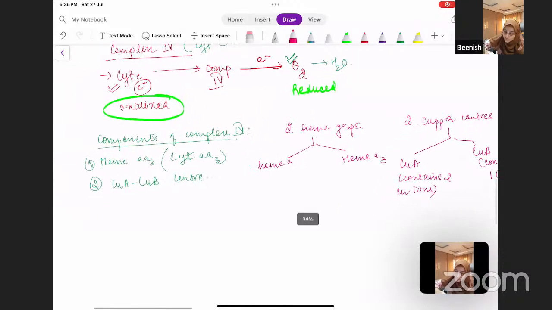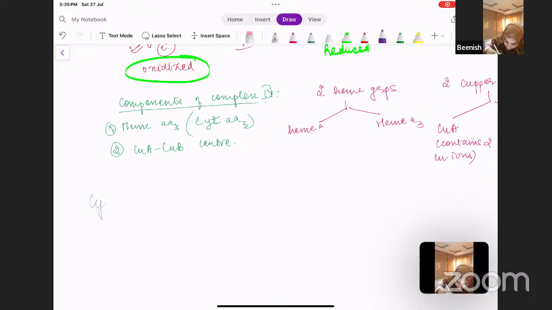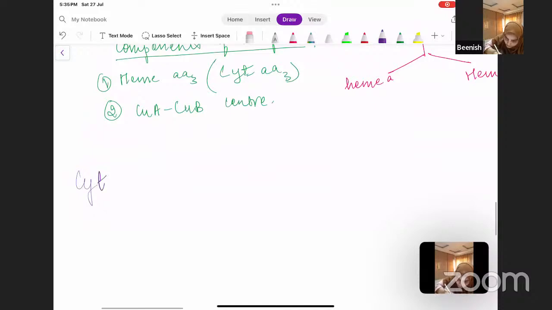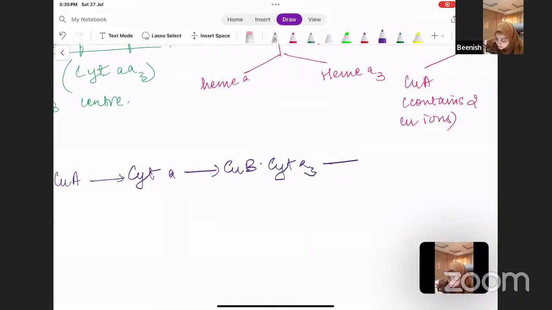Talking about the flow of electrons through complex 4, cytochrome C gives its electron first to the copper A center, then it goes to cytochrome A, also known as heme A, then to the copper B center and cytochrome A3, also known as heme A3, and then finally it is taken up by oxygen.